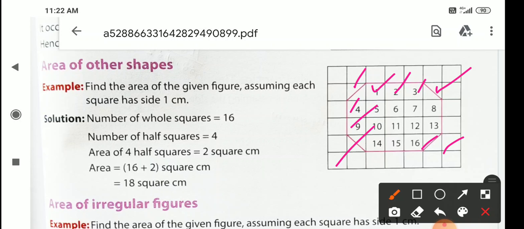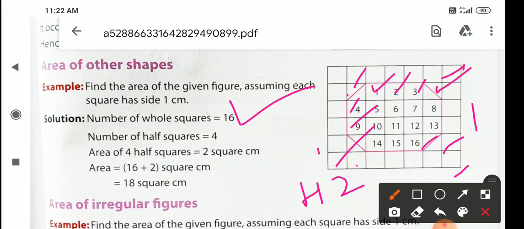Area of 4 half squares is equal to 2 square centimeter. Why? Here half, 1. Then here half, 1. 1 plus 1, that is 2 square centimeter. Then total area means whole squares area and half squares area.